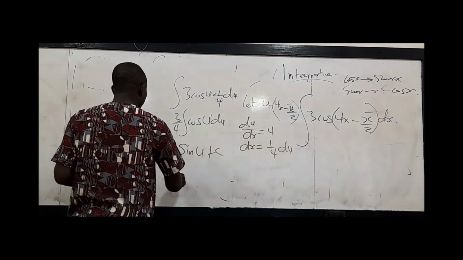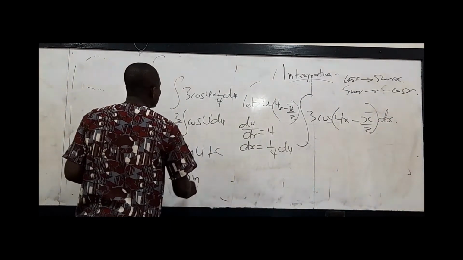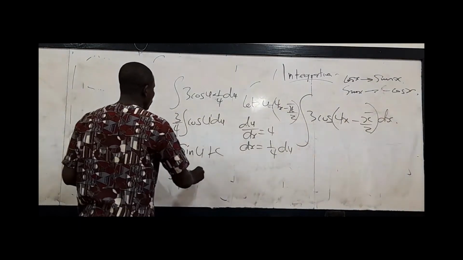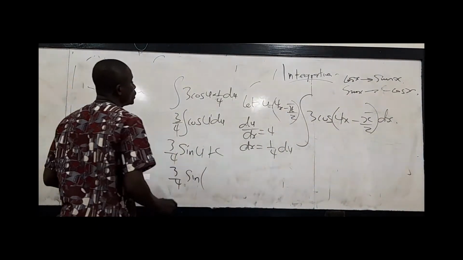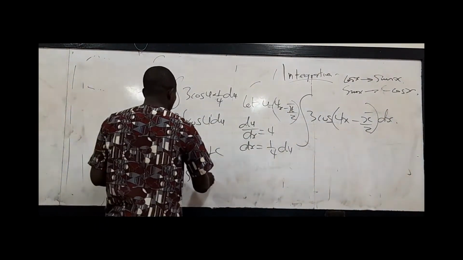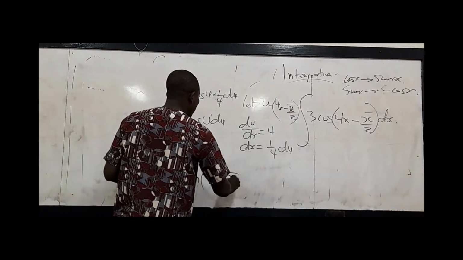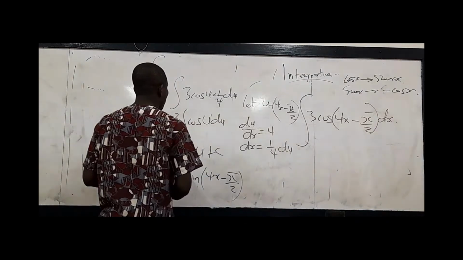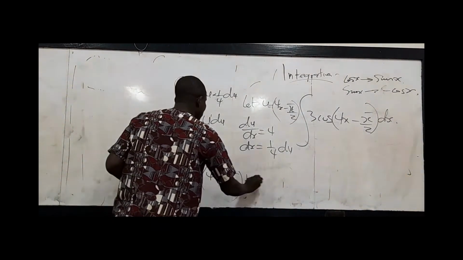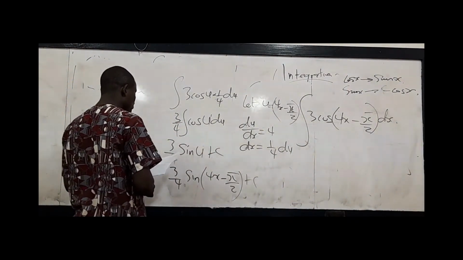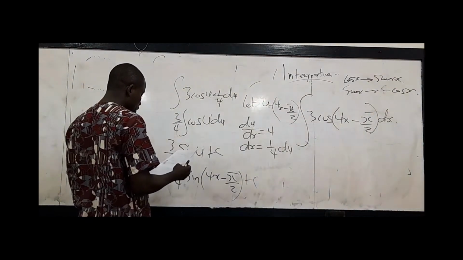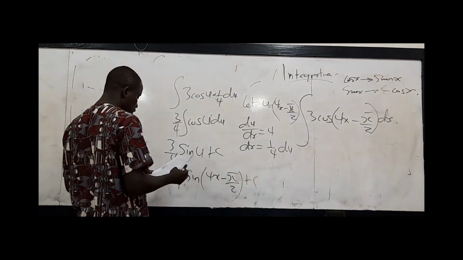So we have 3/4 sine. And what is the u? u is 4x − pi/2. Plus c. Let me check whether what I got is 3 or 4, which is very, very correct.